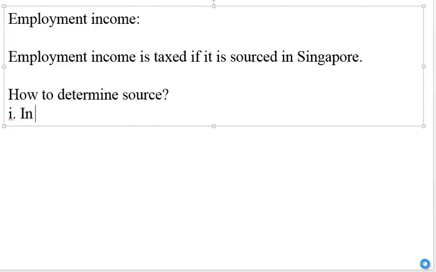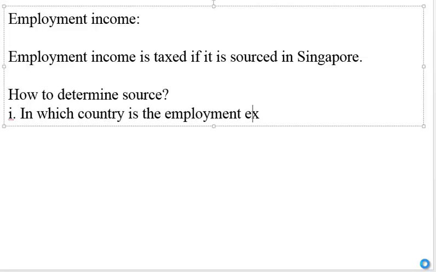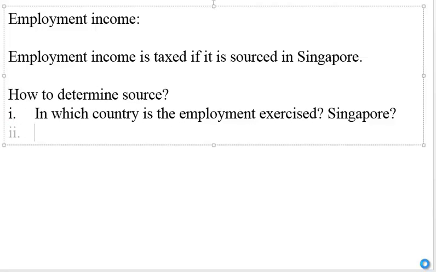Employment in which country? If it's Singapore, it should be taxable. Or where was the contract signed? Contract signed in Singapore.